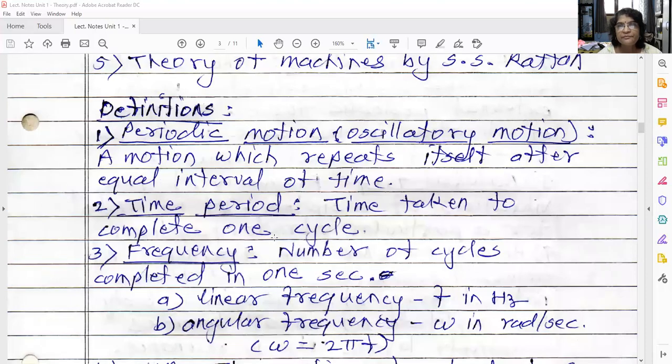Now, we will see the terminology of vibration because without that you can't go further. We must understand the fundamental terminology of vibrations. First is periodic motion, that is oscillatory motion. A motion which repeats itself after an equal interval of time is nothing but periodic motion.